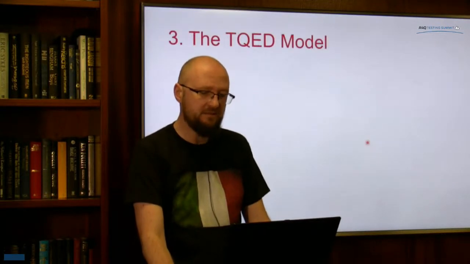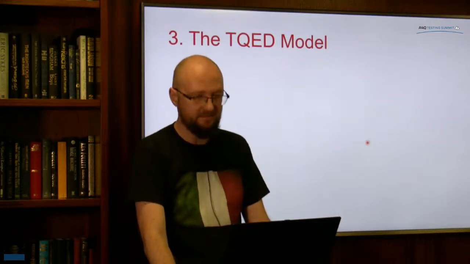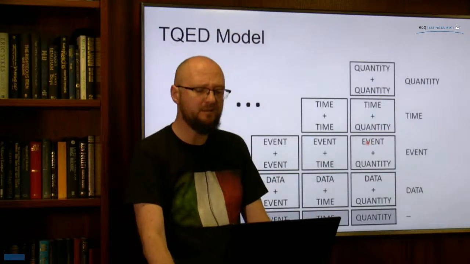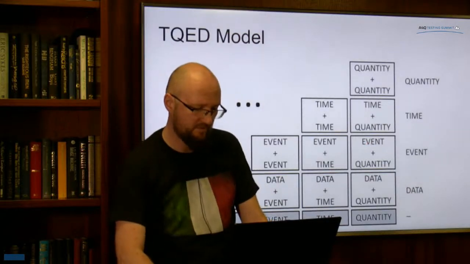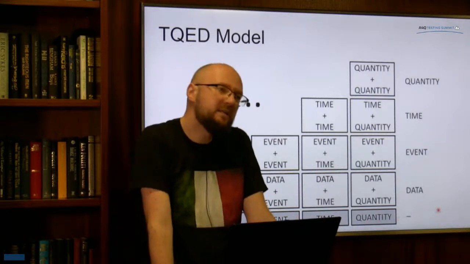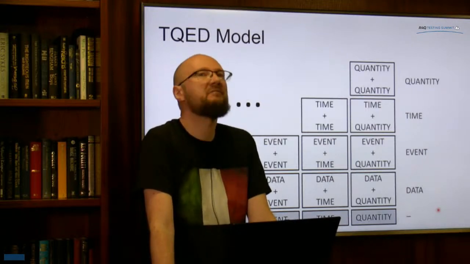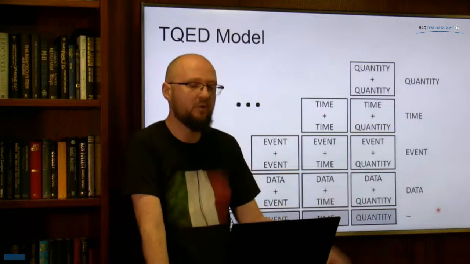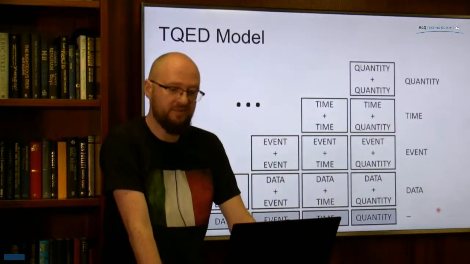And now the TQED model, it's a very, very simple thing. It looks like this. So we have these four characteristics. We have data, we have events, we have time, and we have quantity. And we can also combine them. So we can model some phenomena in this software testing world as a combination of different dimensions, of different characteristics.